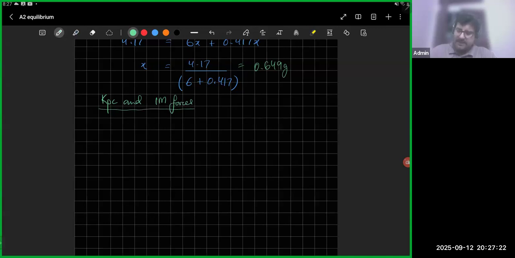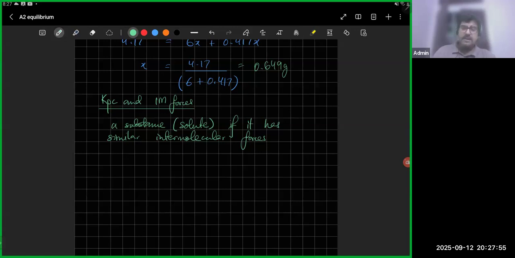So what happens when KPC and intermolecular forces are linked is that you have to understand that a substance, meaning the solute, is more soluble if it has similar intermolecular forces.